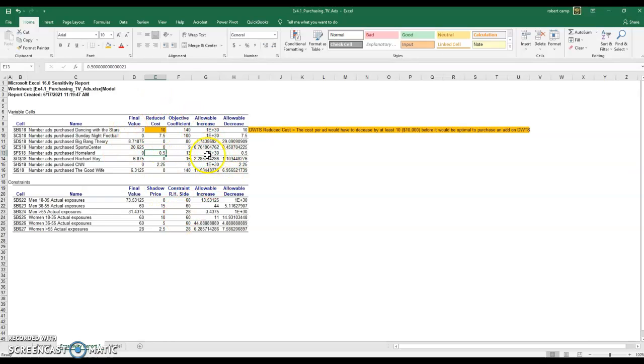So let's look at one of our allowable increases and decreases, and you know what, Sports Center will be a good one. So why don't we look at that one there. So what is this?